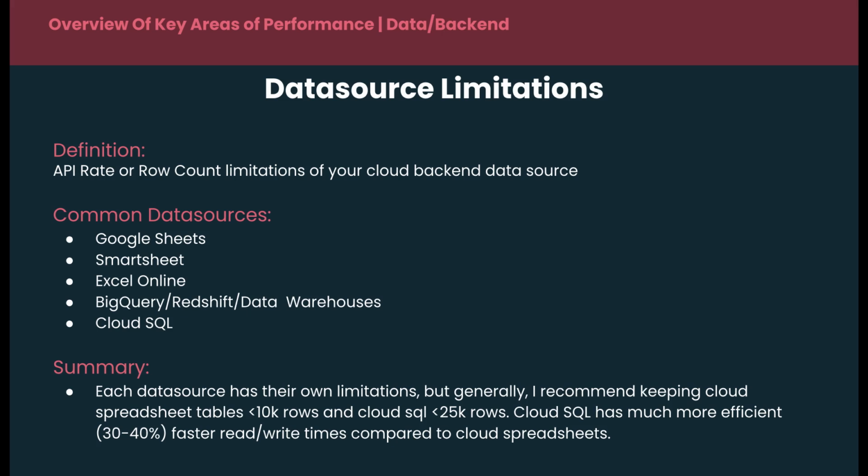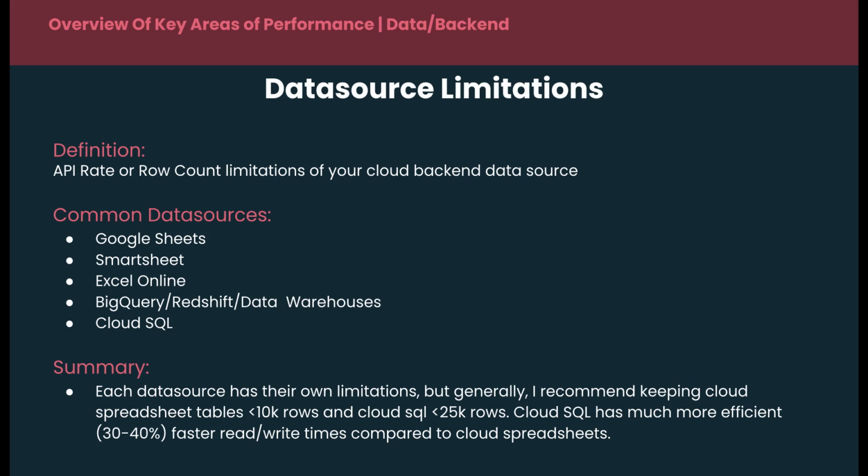But at a high level, depending on the data source, a certain data source may only be able to receive 500 API calls a minute or something like that. I don't know the exact numbers, but I know that generally speaking, cloud-based spreadsheets are going to allow less concurrent usage relative to cloud SQL databases or data warehouses.